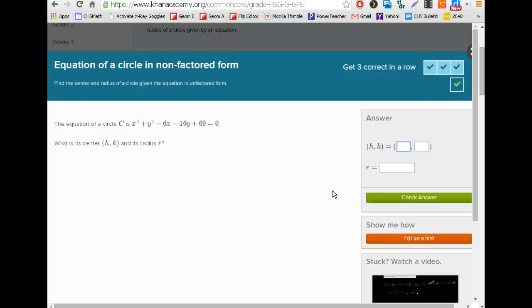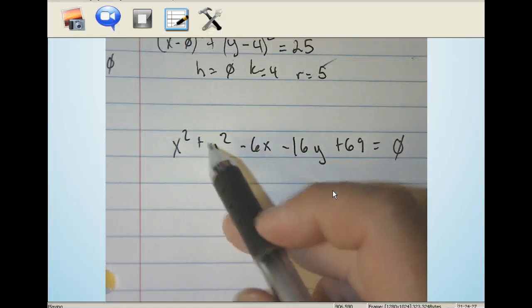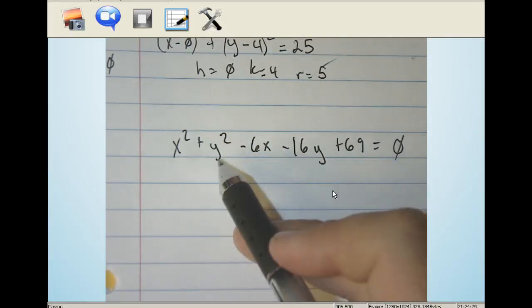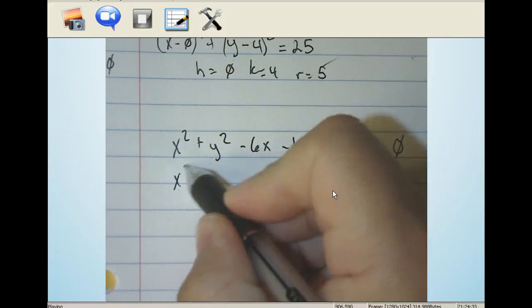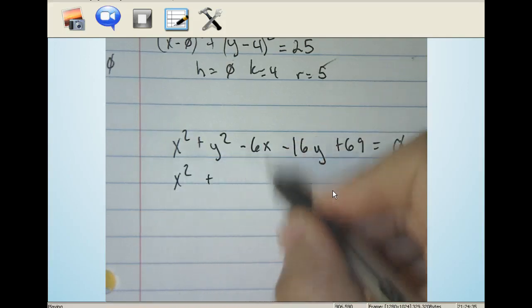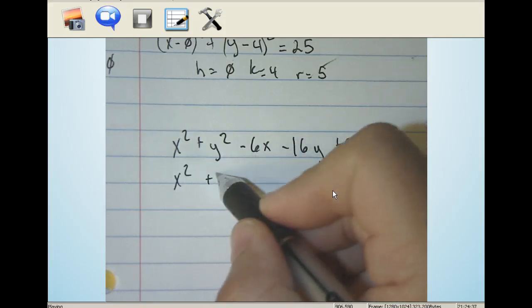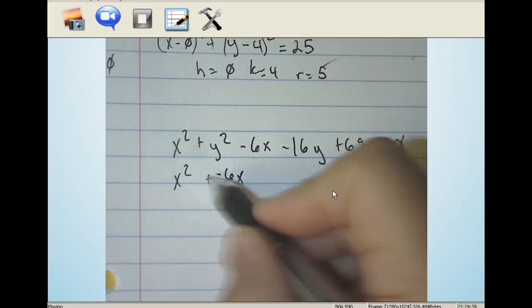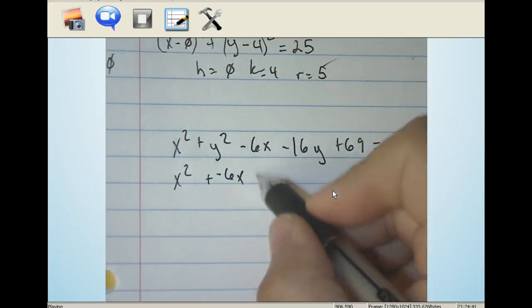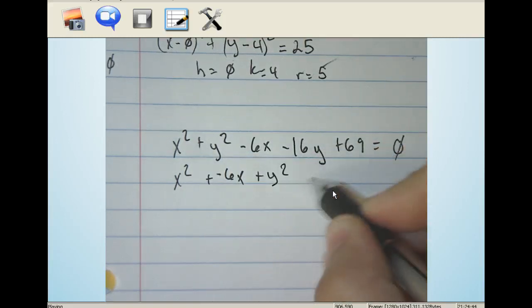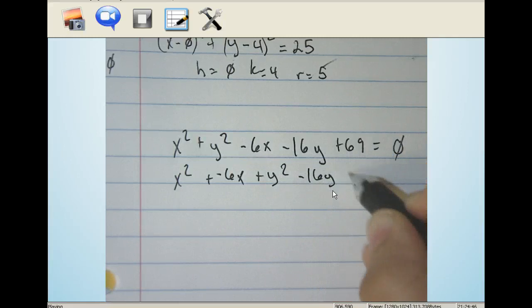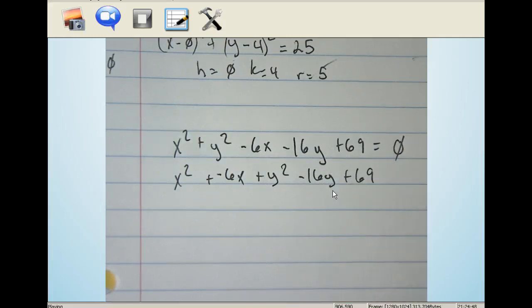All right, so what we're going to do is, to do these, we use the commutative property. That means we're going to say x squared minus 6x, right? So we're going to move the negative 6x there, plus the y squared minus 16y plus the 69.